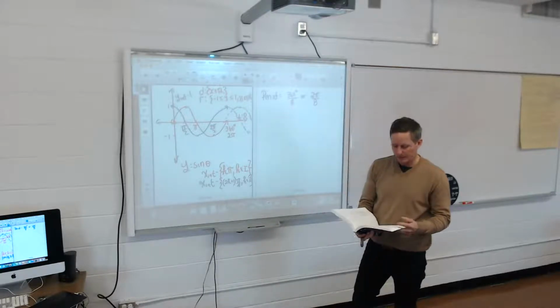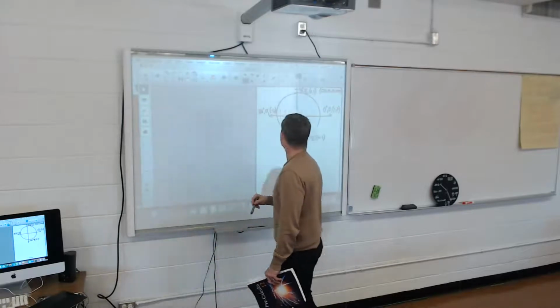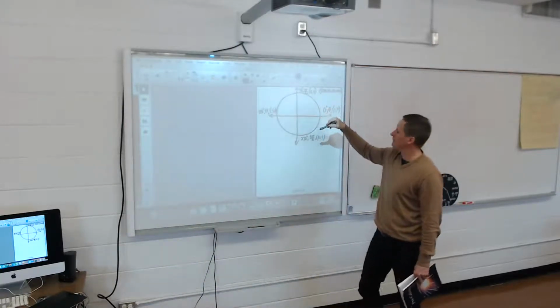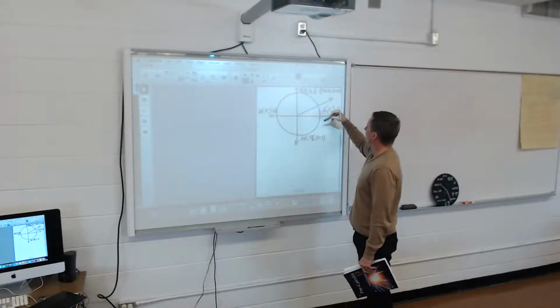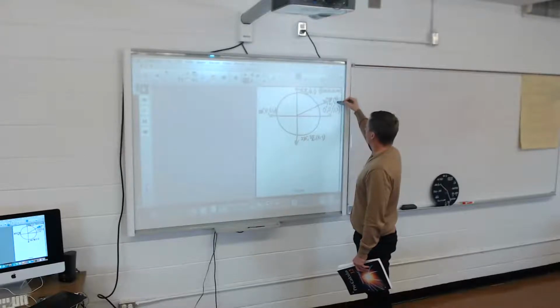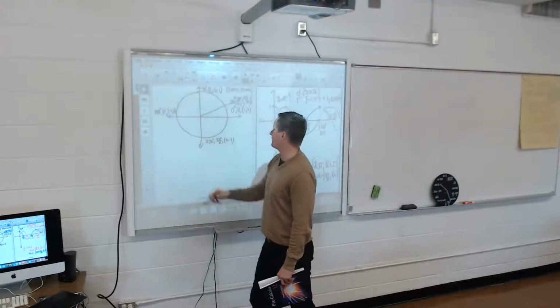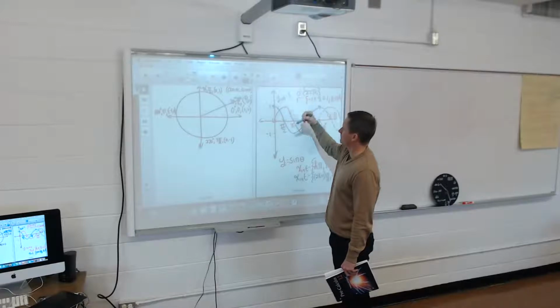The other thing that we do is on the unit circle, even though I used only my 90s to begin with, these values also occur here. So at this point, at 30 degrees, or pi over 6 radians, I have root 3 over 2 and 1/2, let's say. Well, looking at my graph, okay, root 3 over 2 is right here.